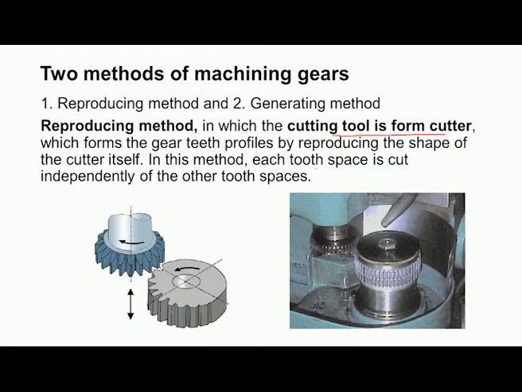So, in this method, each tooth space is cut independently of the other tooth spaces. Schematically, you can see here the cutter is rotating as well as moving up and down, and so at a time one tooth will be cut. You can see the photograph of the reproduction method. This is the cutter and this is the gear blank.